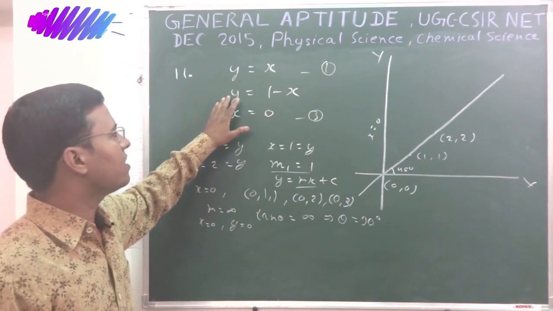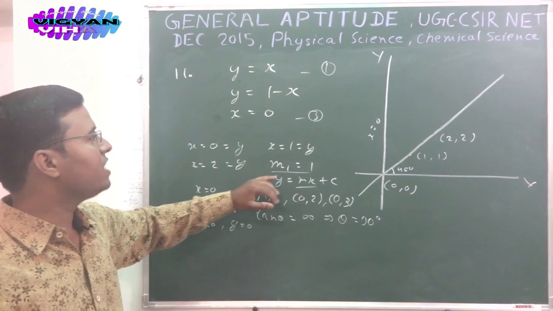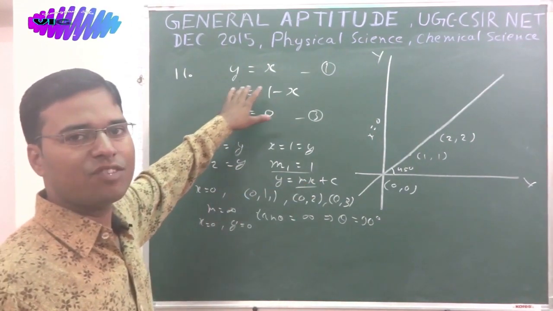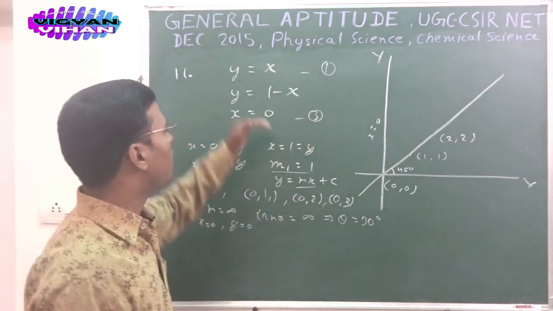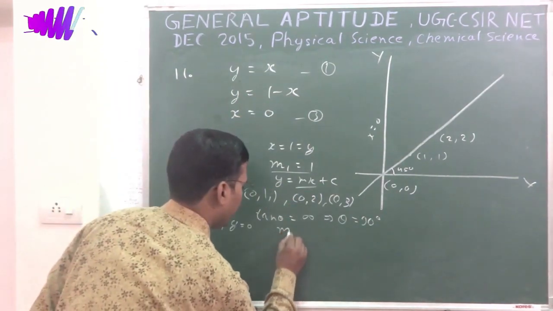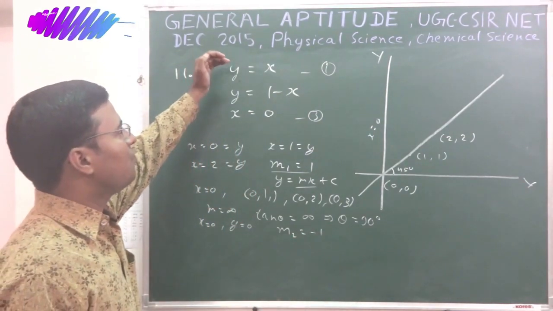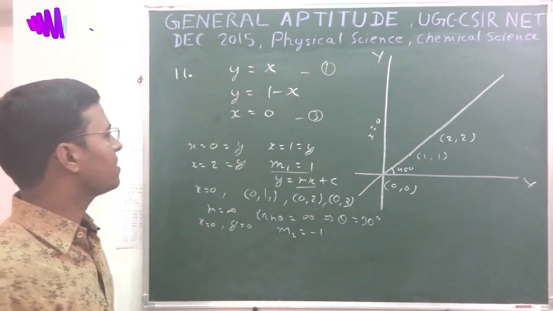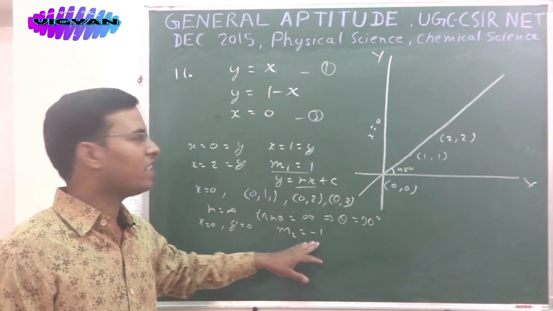The second equation here, if we compare it with y is equal to mx plus c, this line is y is equal to minus x plus 1. So the slope of this line is m2 equal to minus 1. For these two lines, y is equal to x and y is equal to 1 minus x, here m2 is equal to minus 1.